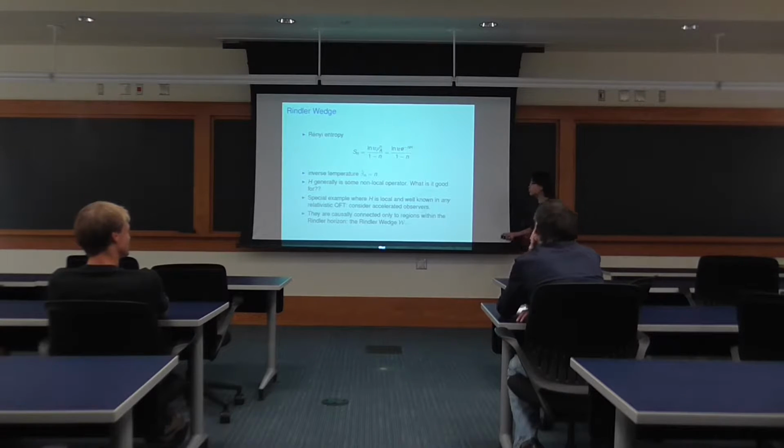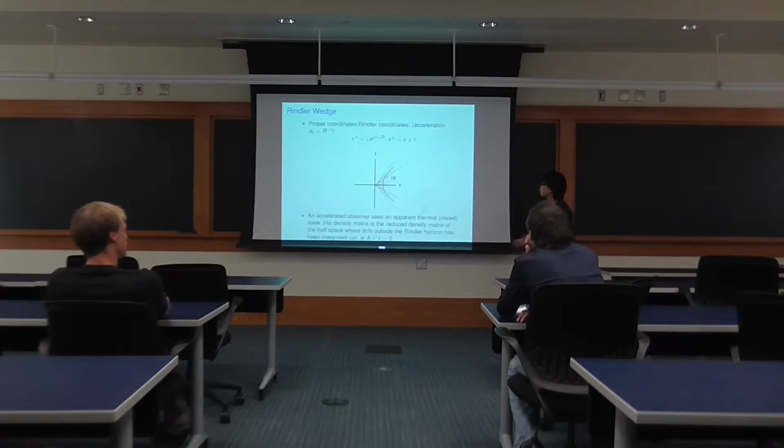For example, if you're considering a relativistic QFT, the famous example is to think about accelerated observers. It is well known that an accelerated observer is only causally connected to regions within the Rindler horizon, and that region is called the Rindler wedge. The accelerated observer is bounded by the Rindler horizon.